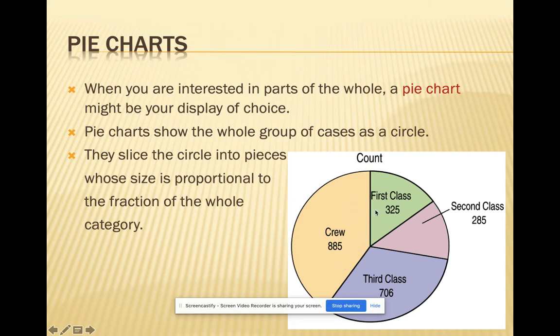The way that you make it follow the area principle is that the size of the segment for each category is proportional to the proportion of the total number that you're working with.